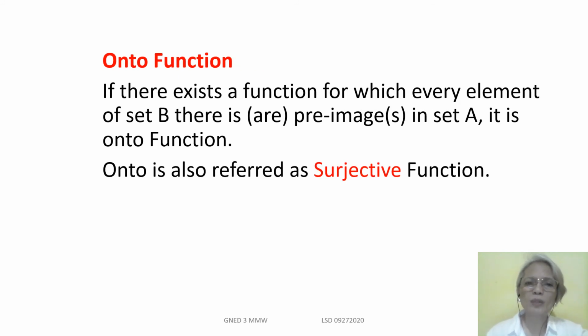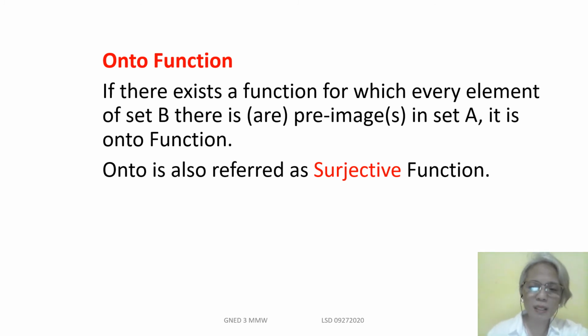So what about an onto function? If there exists a function for which every element of set B has pre-images in set A, it is an onto function. An onto function is referred to as a surjective function.